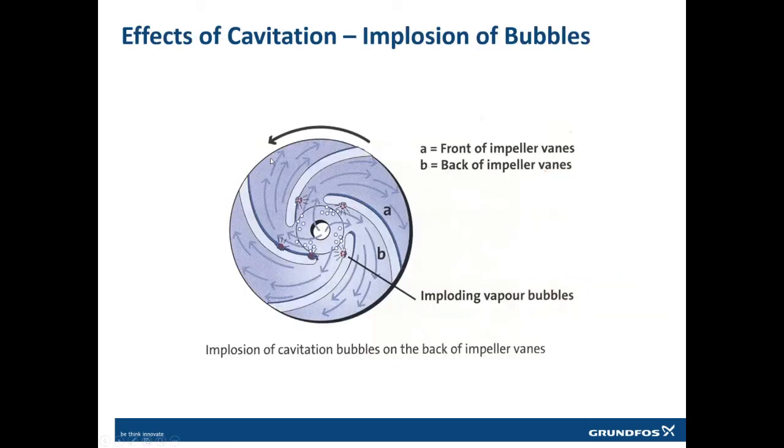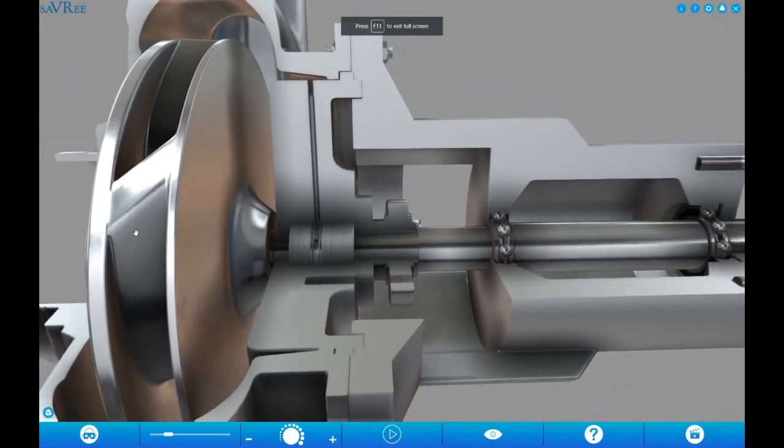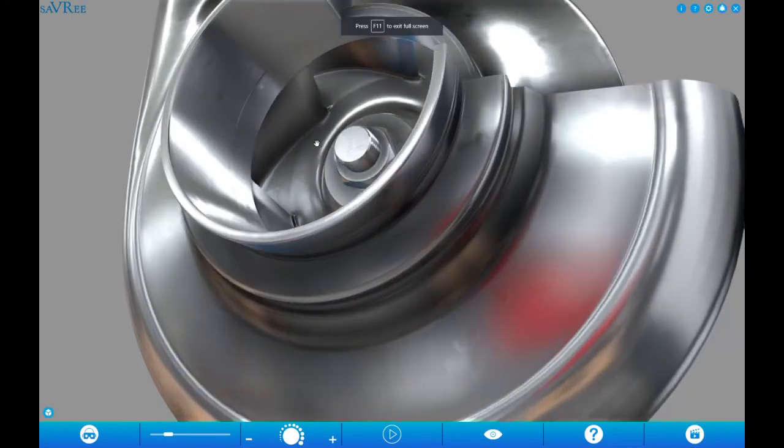So first of all, what is cavitation? Cavitation is the explosion or implosion of small bubbles which are coming inside the water and hitting the impeller vanes. So you have a pump. I will open this thing again.